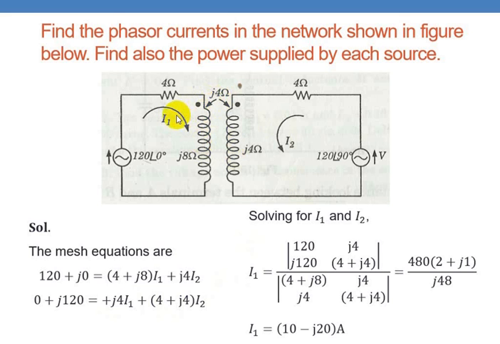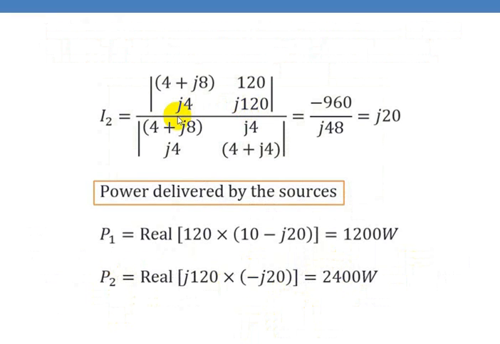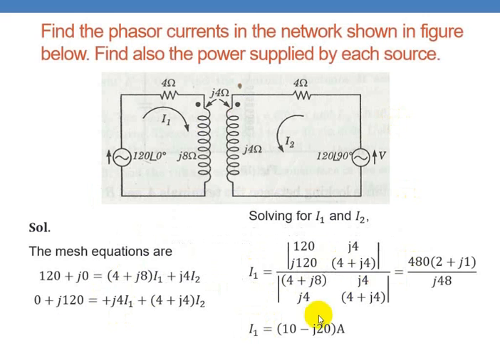Multiply this by I1, and it will be the voltage drop across this mutual inductance. The sign is positive because both currents are entering the dotted terminal. Now using Cramer's rule, put these equations in matrix form, find I1 as del 1 by del, and then simply find I2 as del 2 by del. You'll get J20 here, and here you'll get 10 minus J20 ampere.